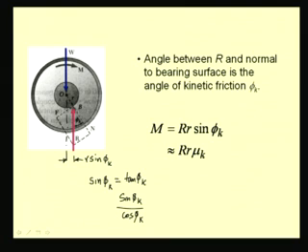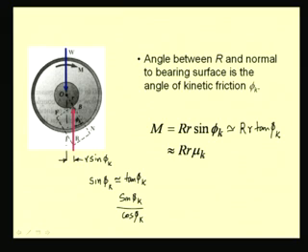So, this can be approximated for small angles, and that is why we write this as approximately equal to R times r tan phi k.